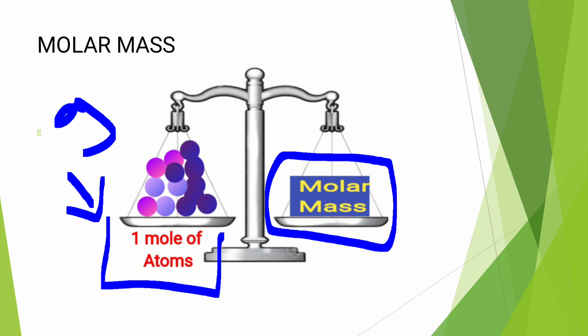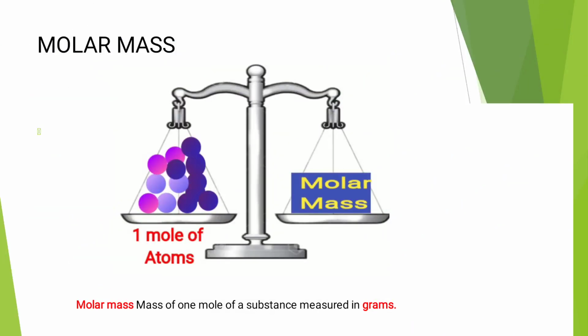What this diagram simply illustrates is that the molar mass of any particular substance is the mass of 1 mole of that particular substance. To define molar mass: mass of 1 mole of a substance measured in grams.